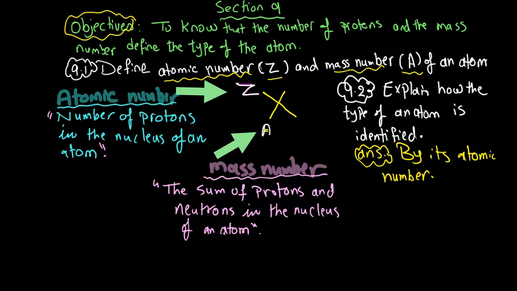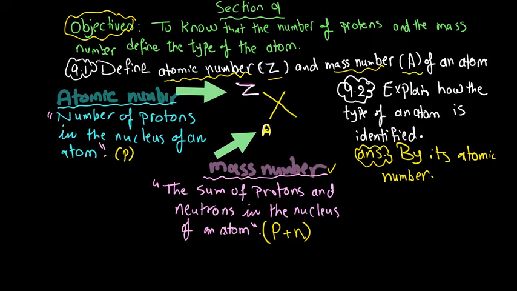While the number which we usually write above the symbol of the element is its mass number. What is the mass number? Mass number is the sum of the protons and neutrons in the nucleus of an atom. So the number of protons is the atomic number, while the number of protons and neutrons is the mass number.